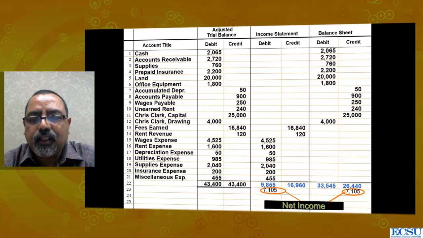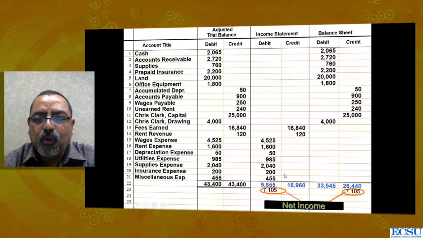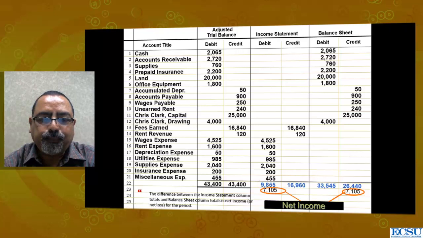Now please understand, if the revenues are more, that's a net income. So that's why in the income statement we'll be writing it in the debit column. But in the balance sheet, we'll be writing the same difference in the credit column because that net income belongs to the capital and capital is here in the balance sheet credit columns. That is why we are aligning that amount accordingly.